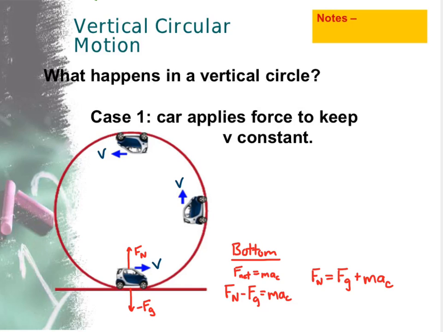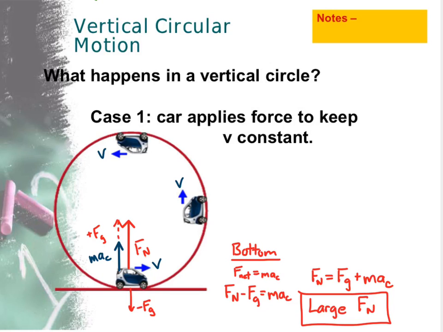What does that mean? It means the normal force is going to adjust itself so that it equals this plus centripetal acceleration. If this vector represents m times centripetal acceleration, then the normal force has to be the sum of these two vectors with Fg, which means my normal force has to be greater than my gravitational force.